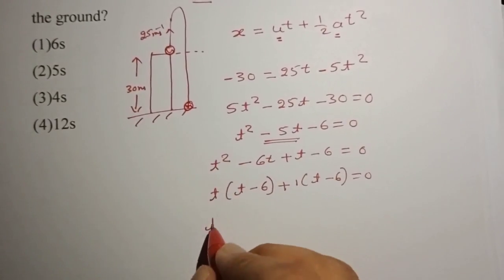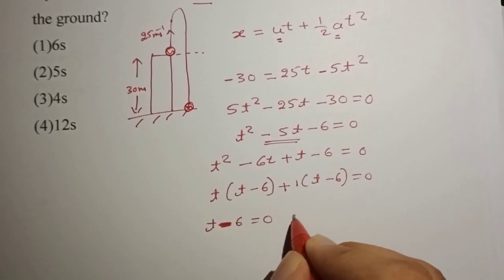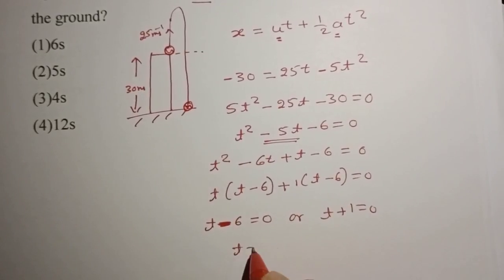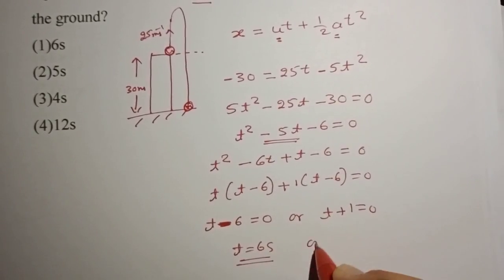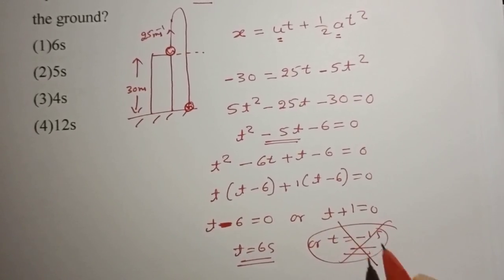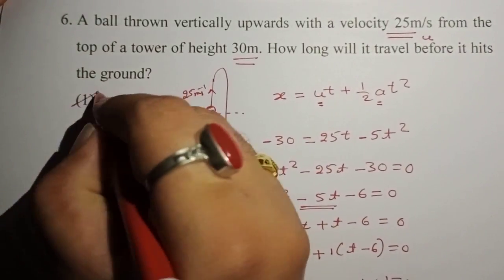That means t minus 6 is equal to 0 or t plus 1 is equal to 0. So t is equal to 6 seconds or t is equal to minus 1 second. Time cannot be negative, so t is equal to 6 seconds is the answer.